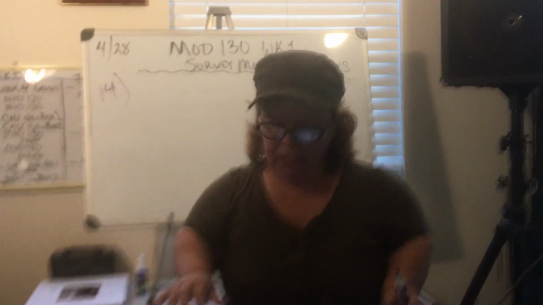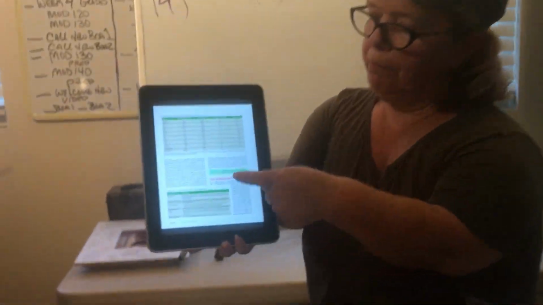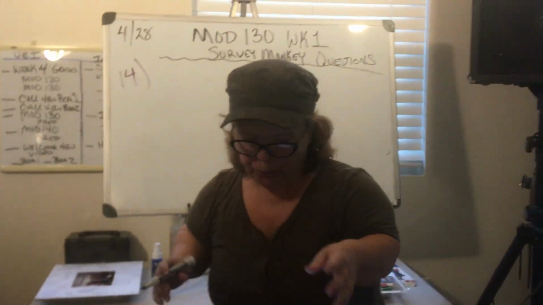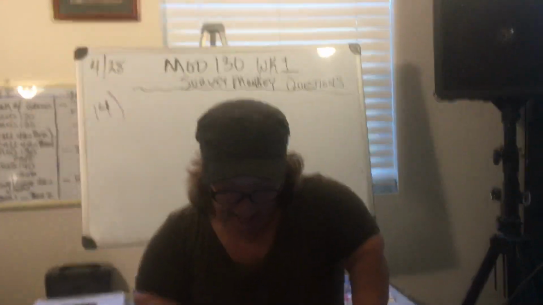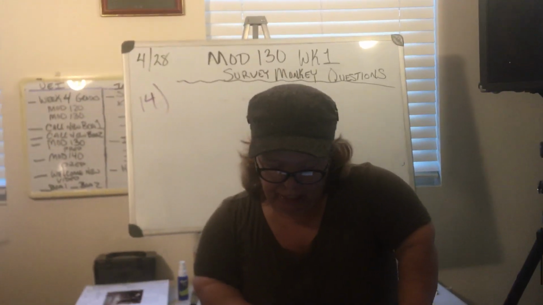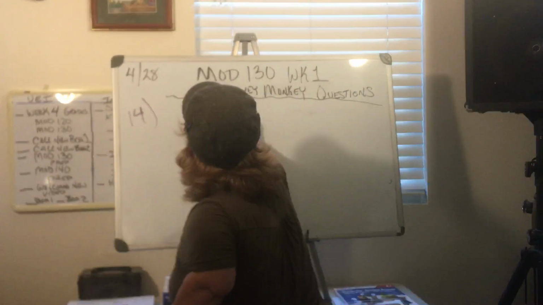Okay, it's right under where it says the American economy, here, in red. Right there. And it says, as said previously, the United States is a mixed economy with a foundation based in capitalism. Okay, so it's a mixed economy.